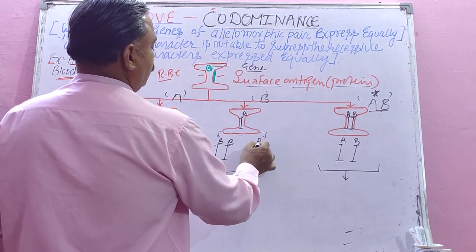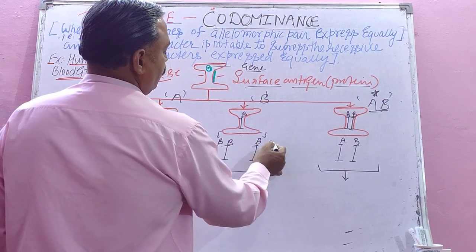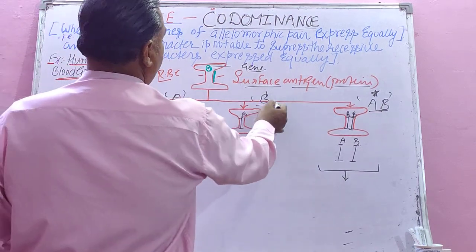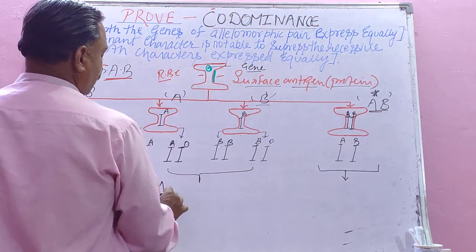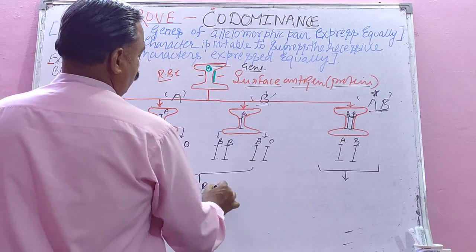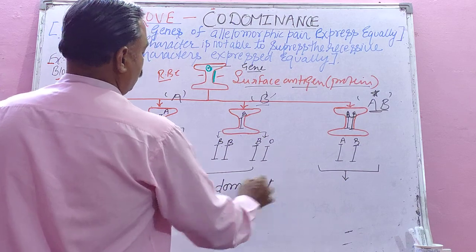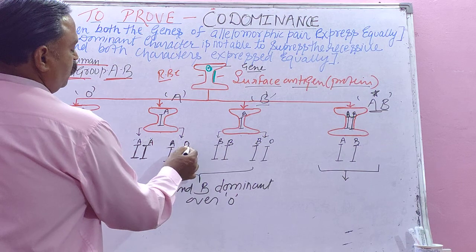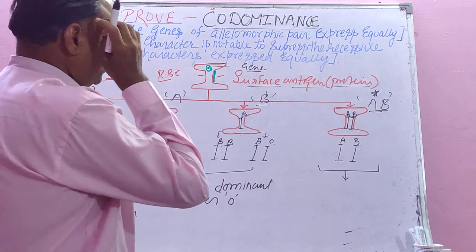And another one is on one side of the gene B is there and on another O. These are the two conditions in B blood group. So what we can infer here: A and B are dominant over O. You see here, A is dominant over O and B is dominant over O, isn't it?